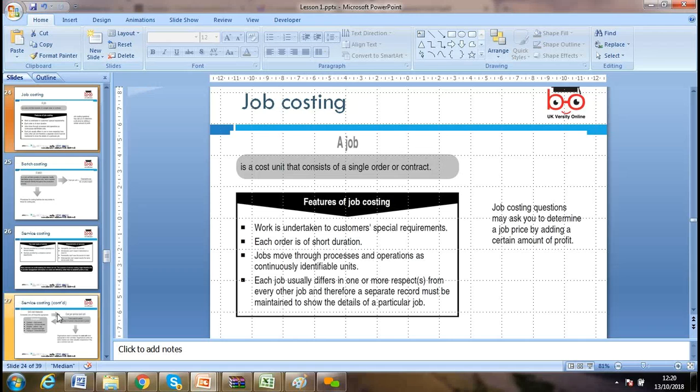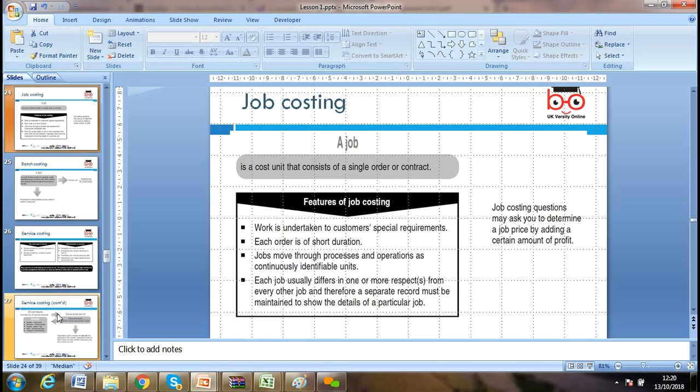So that's activity-based costing. The next method of costing we are looking at is job costing. A job is a cost unit that consists of a single order or contract. A job costing question may ask you to determine the job price by adding an amount of profit. Work is undertaken to the customer's special requirements.